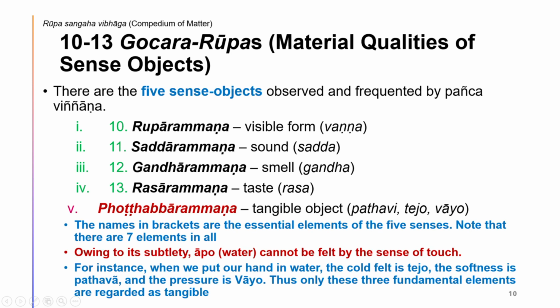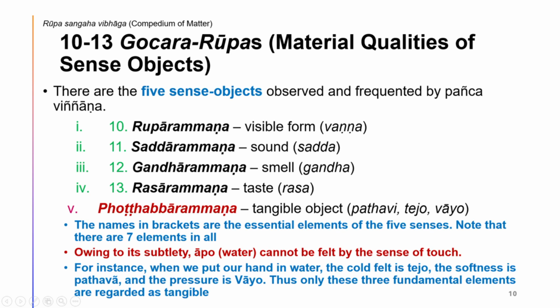So Photthabba Ayatana, which serves as an object of the body consciousness, is not treated as a separate material phenomenon when counting the 28 Rupa Dhammas. That's the only one that is taken out because it's not treated as a separate material phenomenon. Unless you can touch all the 4 great essentials, then it's considered. It has only 3, that's why it is excluded.